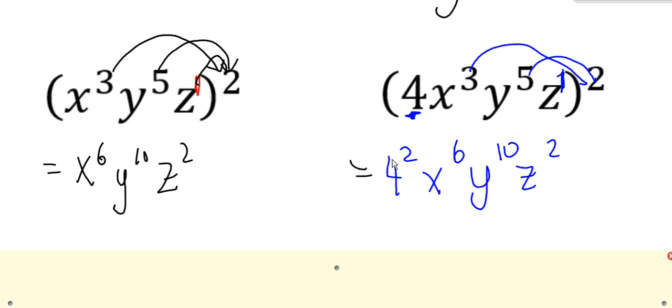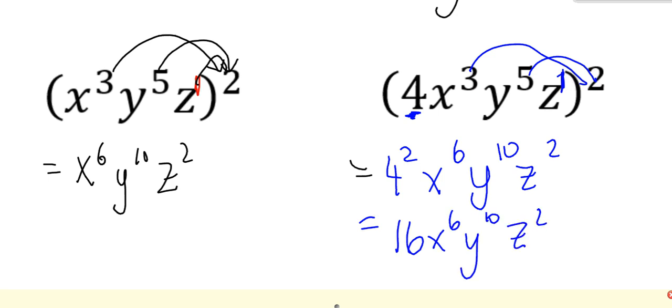So you'll notice, if I write it like this, you can see that every single thing now has that exponent 2. 3 times 2, 5 times 2, and so on. And then I know what 4 squared is. 4 squared is 16. And then everything else is just exactly what you see. So please don't forget that if there's a coefficient in the bracket, it's a number.